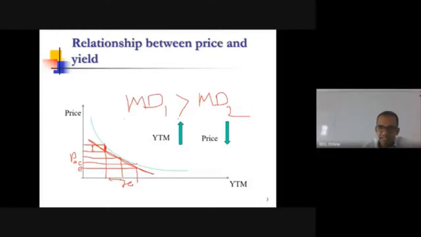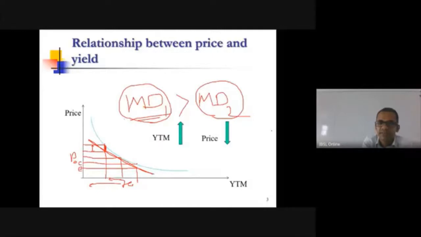If yield increases, price decreases by a higher amount for this bond, but the other bond's price also decreases by a small percentage. So if you think interest rate will increase, you buy bonds with less modified duration. But if you think yield will decrease, then price will increase, so you would buy bonds with high modified duration.